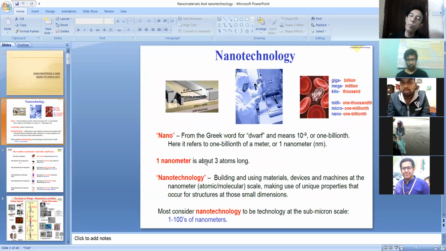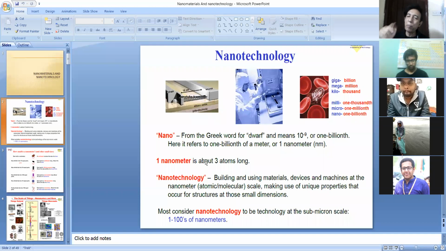So what do you mean by nanoparticle? The nanoparticle means the particle with a length of 1 to 100 nanometers. And I told you another thing, that 1 nanometer means about 3 atoms long. Say, for example, we have a nanoparticle of 50 nanometers.